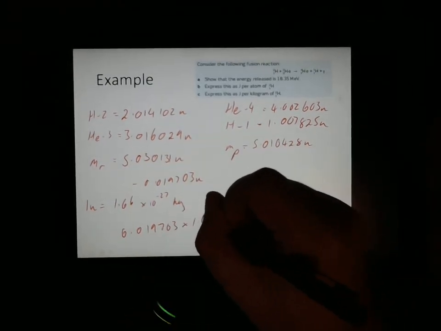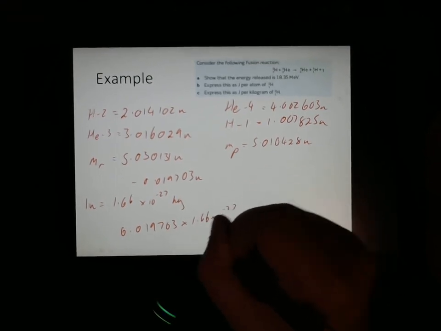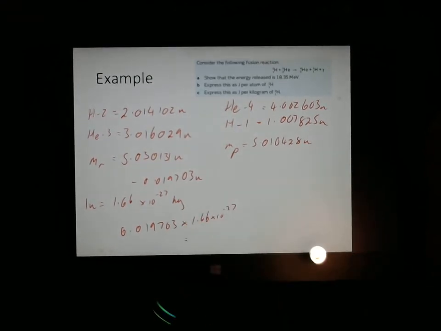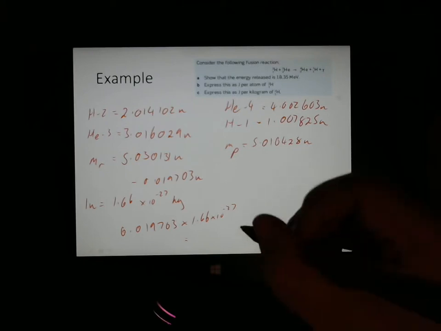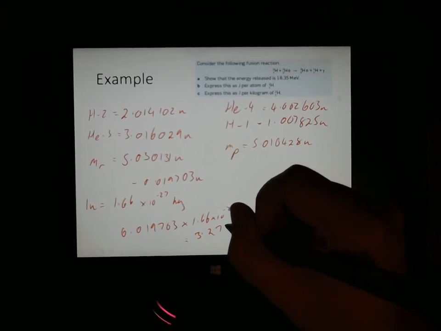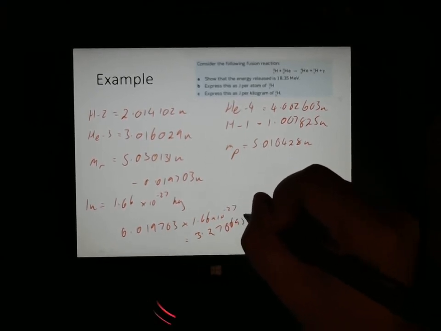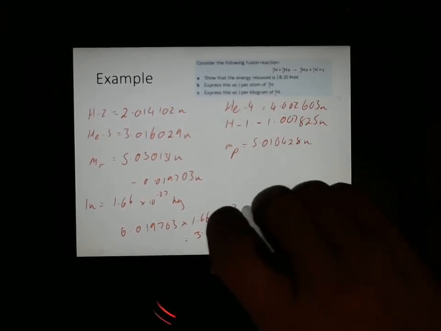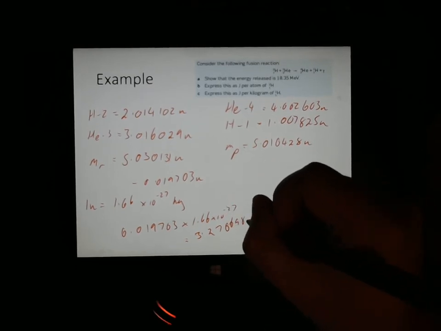Times 1.66 times 10 to the negative 27 gives me 3.270698 times 10 to the negative 29 kilograms.